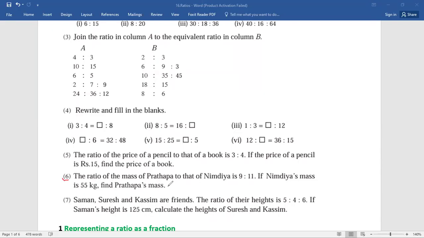Okay, please write down question number 6 and try to do it by yourself in the same way. That is not price, but it is mass.